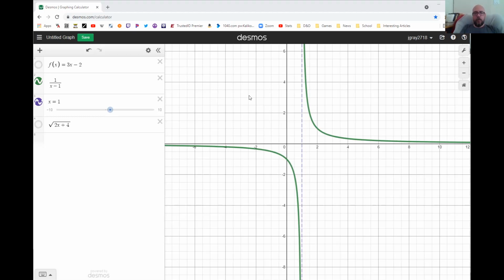Let me do another, more common function. So let's say f of x is x squared minus 1. I want to think about this for a second. x squared can only get down to 0.